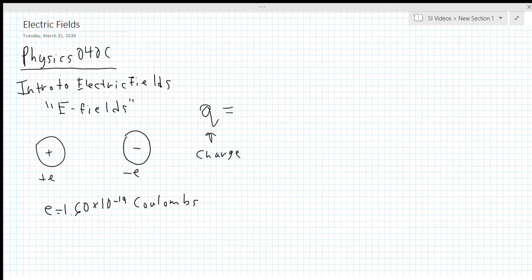Charge is equal to the number of protons that an object has times this e value minus the number of electrons that an object has times this e value. Basically, the sum total of the protons minus the number of electrons is the charge that that object has. Some important things to observe about charge is that it cannot be created or destroyed. Basically, that it's conserved.